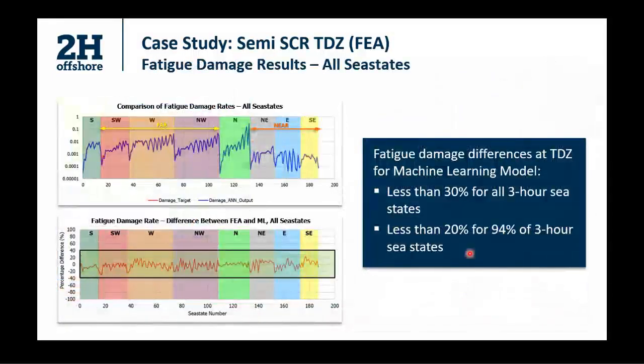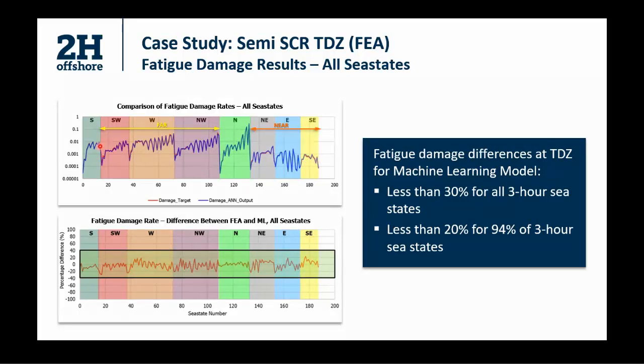Once we have that, we can compute stress time traces and then obtain fatigue damage results comparing both the FEA and the machine learning predicted sea states.